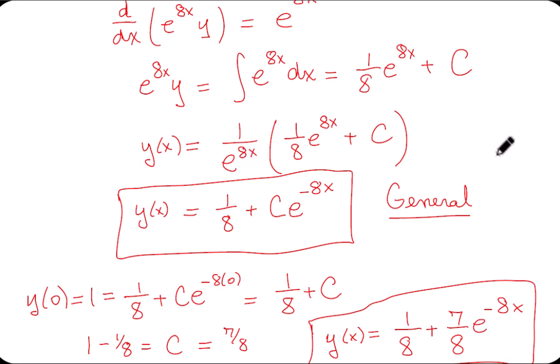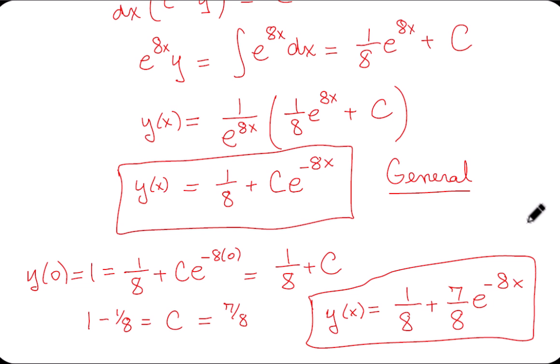Now we use our initial condition that y at 0 is 1, so plug in 0 for x. e to the 0 is 1, so I get 1 equals 1/8 plus c. Solving for c, we get that c is 7/8.